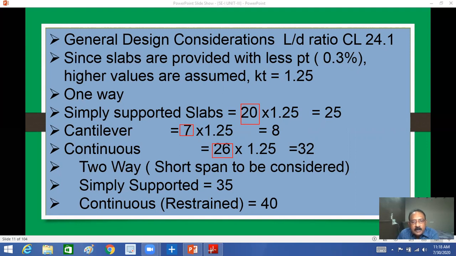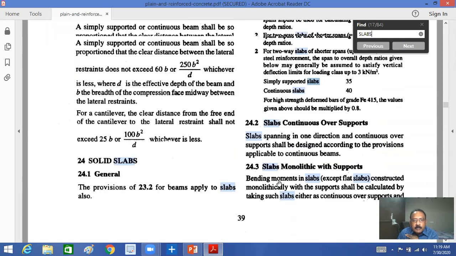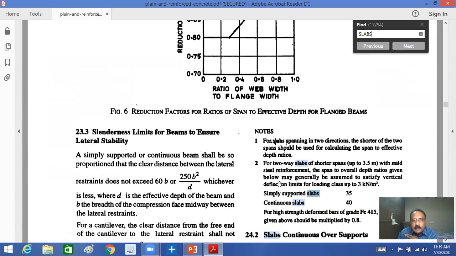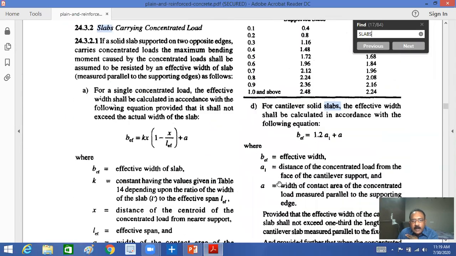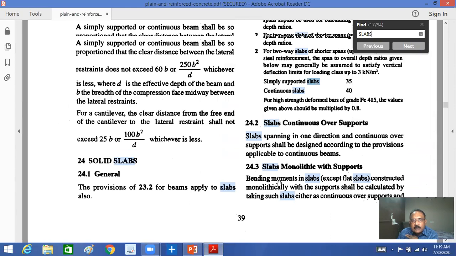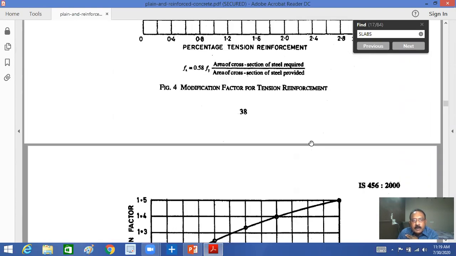See, if you look at IS 456 here, for beams, same as slabs, here cantilever, simply supported beams, right?